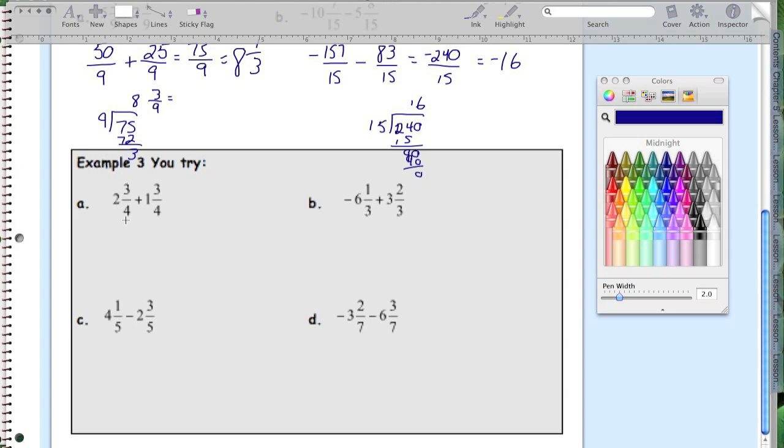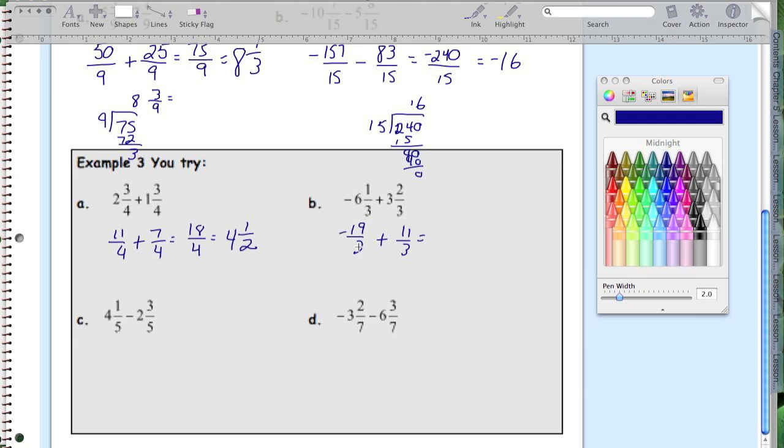So 2 and 3/4. 2 times 4 is 8, plus 3 is 11/4, plus this is going to give me 7/4. When I add them, I get 18/4, but to turn them back into a mixed number, I get 4 and 1/2. Letter B, I get negative 19/3 plus 11/3.